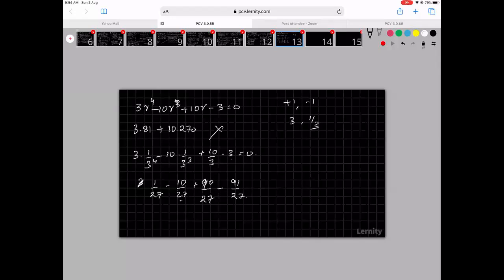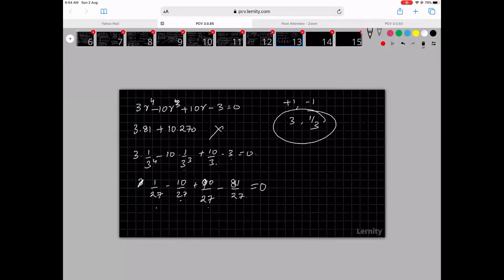I multiplied 9 in numerator and denominator. This is 3 power 4. Yes, so you will get 0 for 3 and 1 by 3.